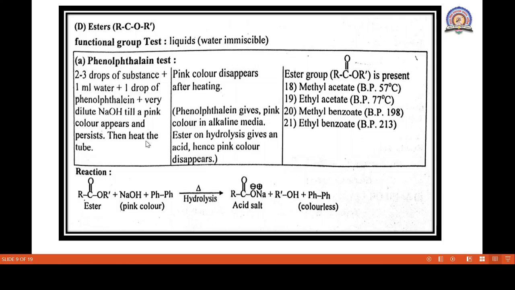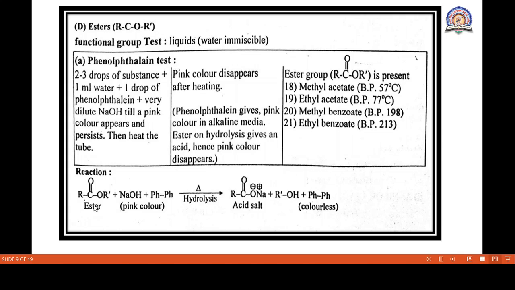Then heat the tube. The pink color disappears after heating. So ester groups are present. So again, by taking the melting or the boiling point, we conclude which type of ester is present. Okay, so what reaction happened?